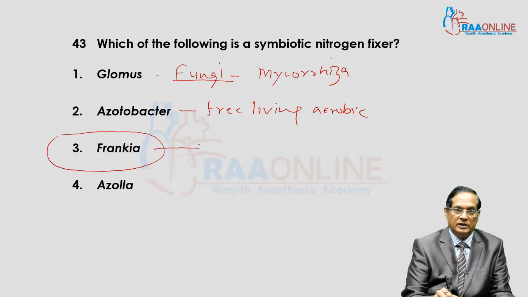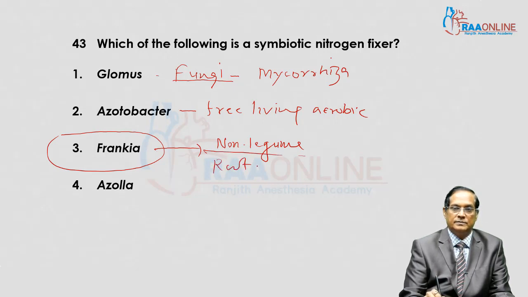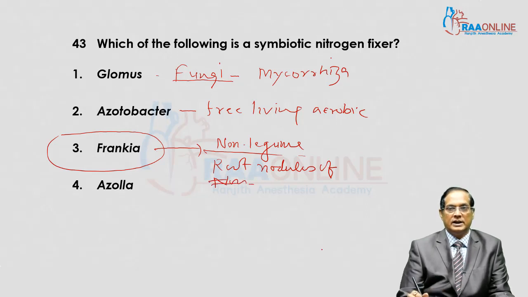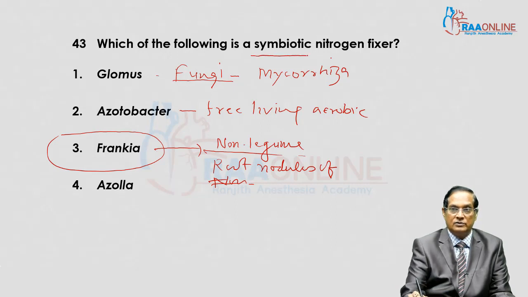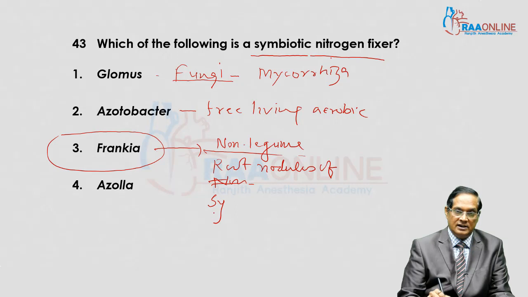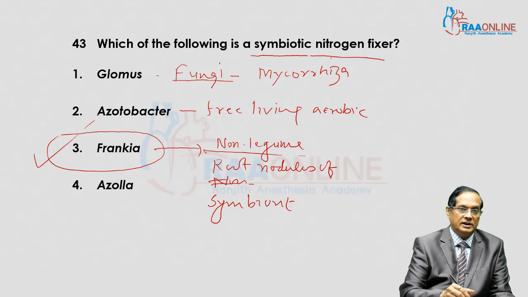And Frankia I have already described in the previous question, that is found in root nodules of non-leguminous plants: Alnus, Myrica, Casuarina. So the symbiotic nitrogen fixer is Frankia.